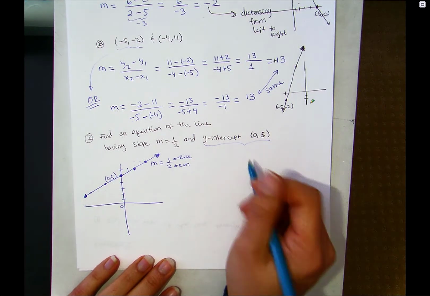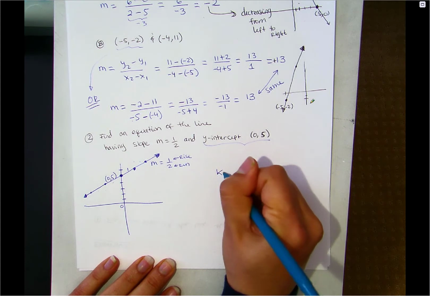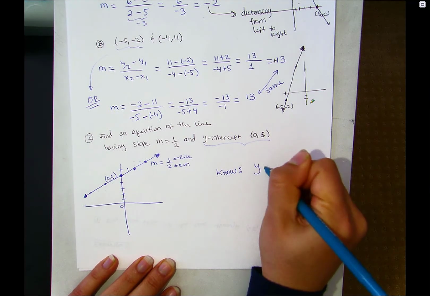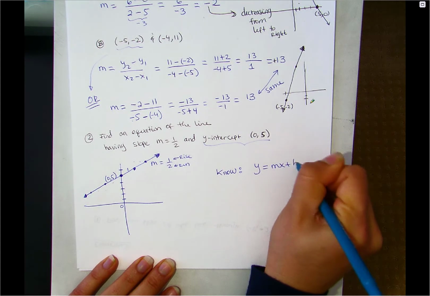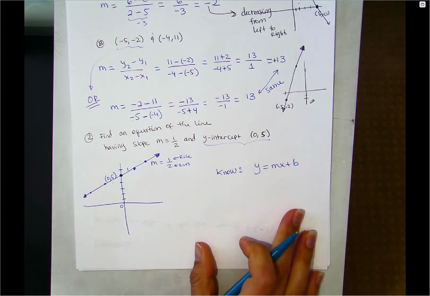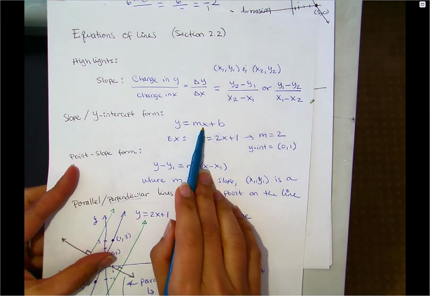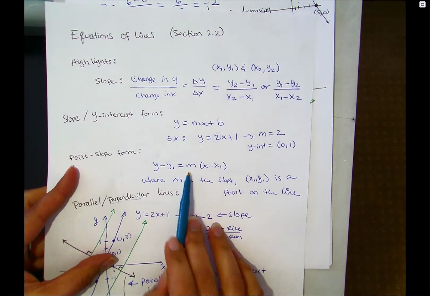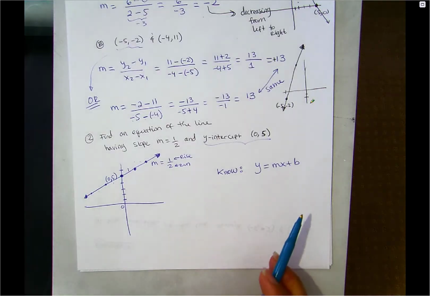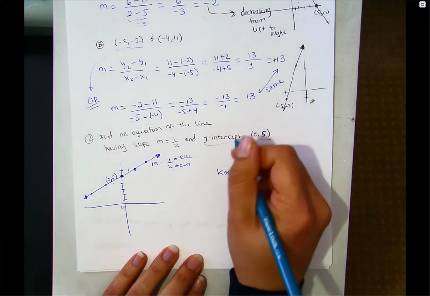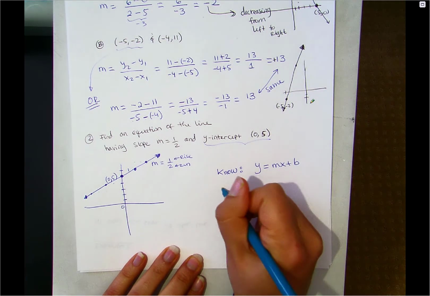Now to find the equation of a line, from the first page we know two ways. We have y equals mx plus b, and the other one, the point-slope form. Let me bring that back to show you. These are the two equations of the line. We're going to use the mx plus b form since we have the y-intercept. We know y equals mx plus b.